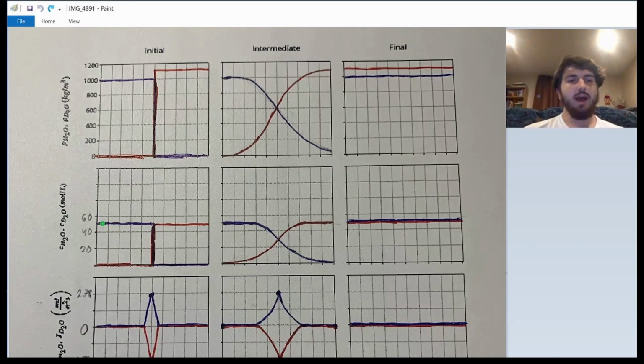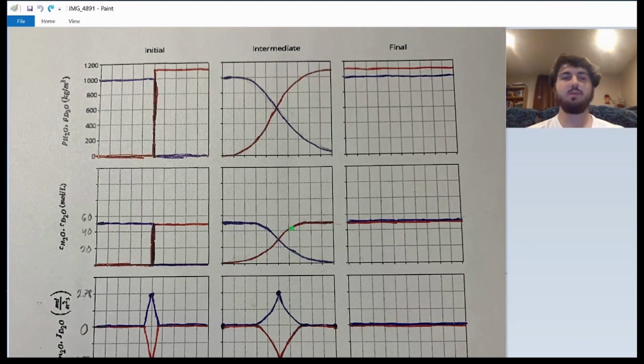And so in the initial state where t equals 0.1, the H2O molar concentration is at that 55, but it drops down and it's 0 because it has not had enough time to mix. It has not moved over to the other side. Same goes for the D2O. It is 0 from 0 to 5 centimeters before the divider, but at its side of the divider, it is also at 55 as well.